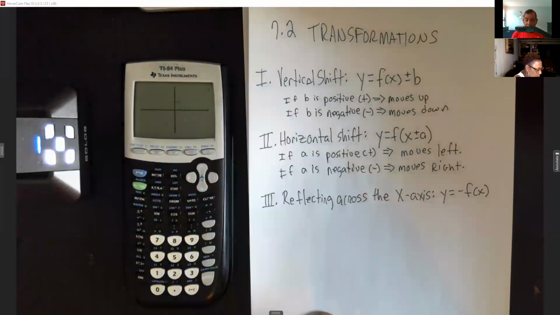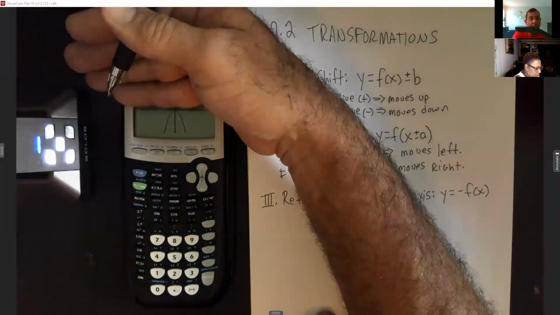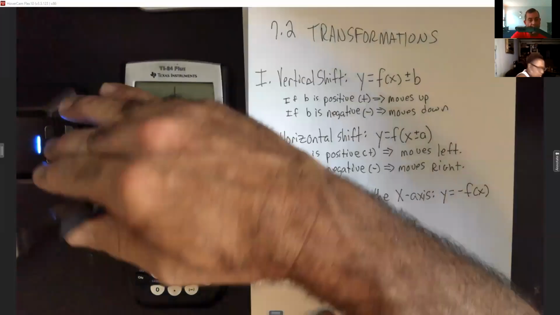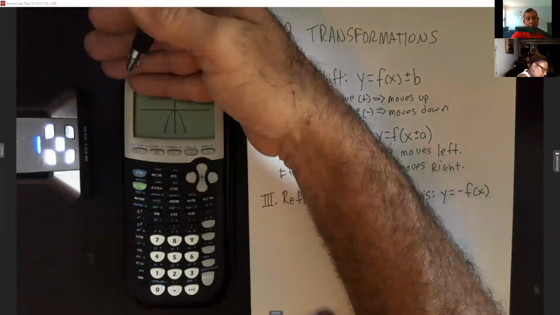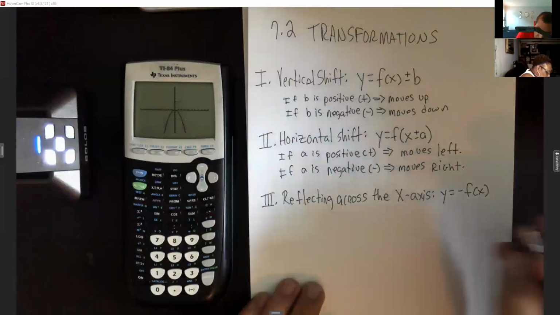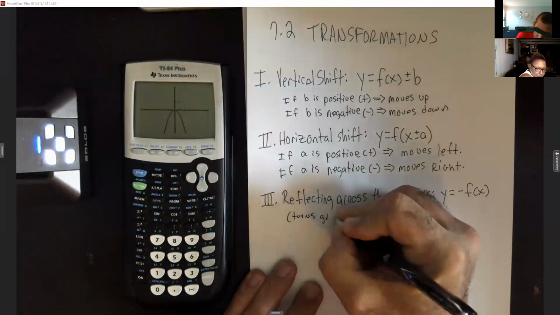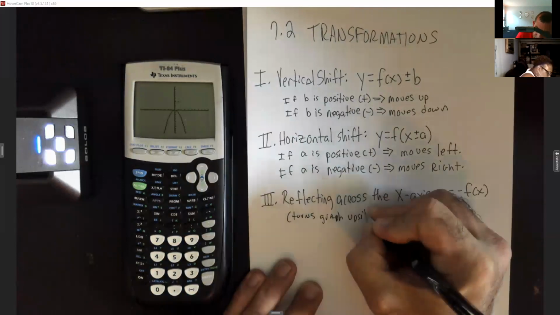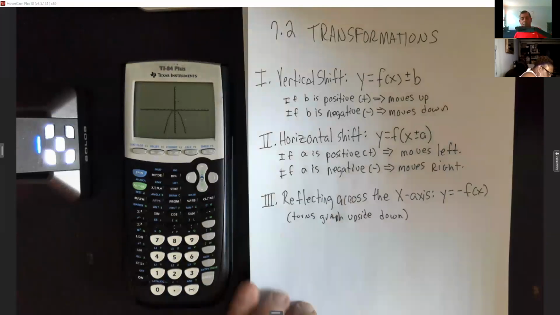It takes the graph from the top and it reflects it right across the x. So it basically is taking your graph and turning it upside down, okay? So this one turns the graph upside down, okay?